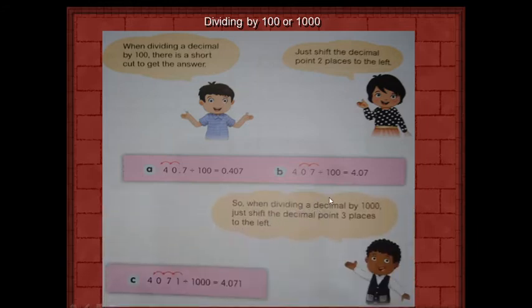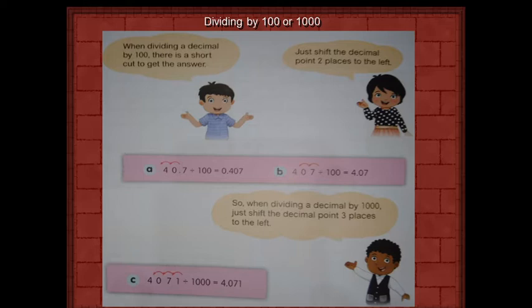When dividing a decimal by 1000, just shift the decimal point 3 places to the left. Example 2c, 4071 is divided by 1000.